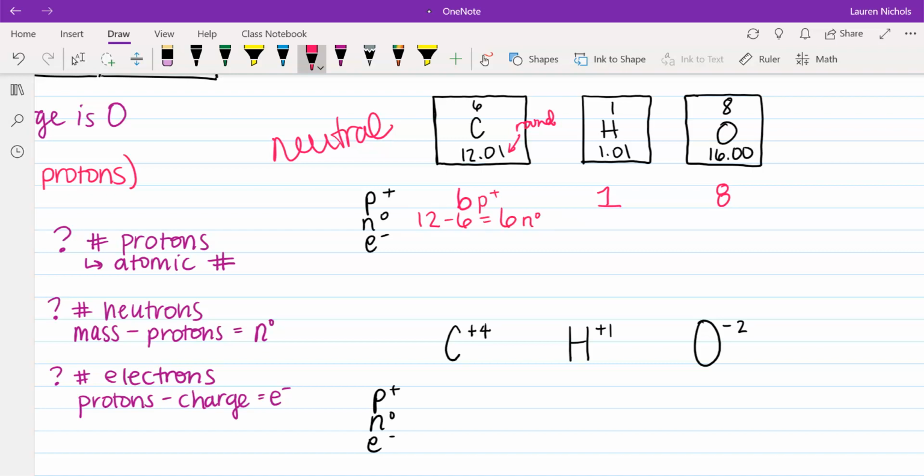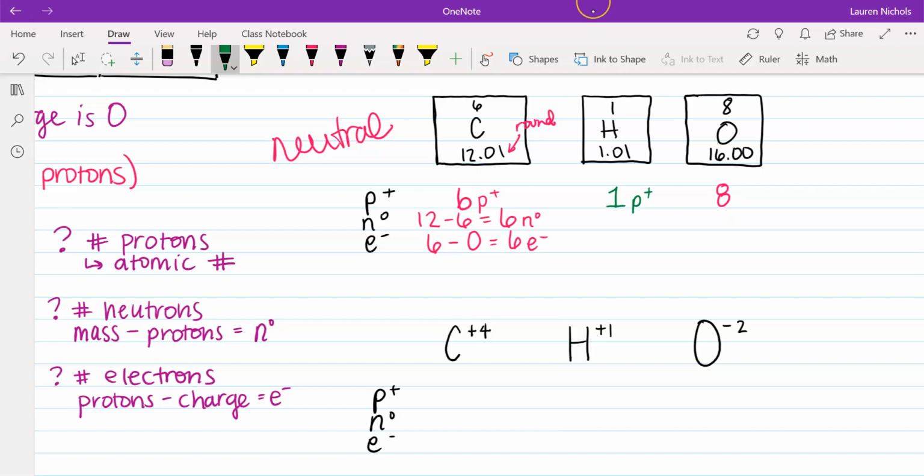And so we have 6 protons. And for our electrons, it's always the protons minus the charge. So in this case, it would be 6 minus 0, because it's neutral, which is equal to 6 electrons. And so that is how we calculate carbon. For hydrogen, I'm going to switch colors so that they're all a little bit different. Hydrogen had 1 proton.